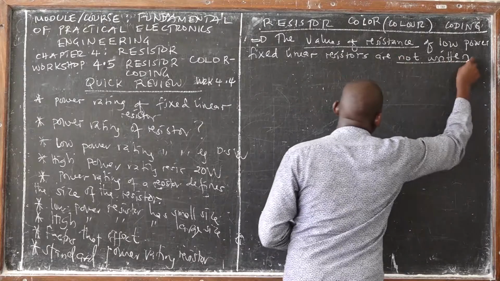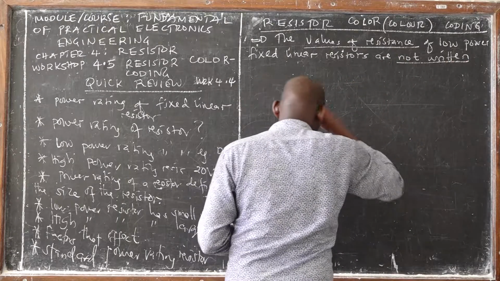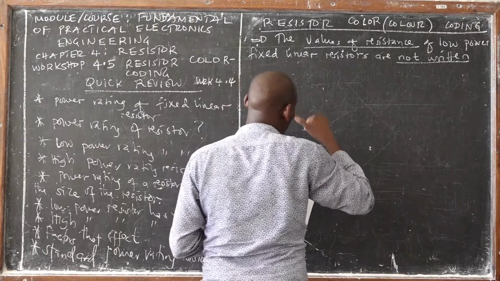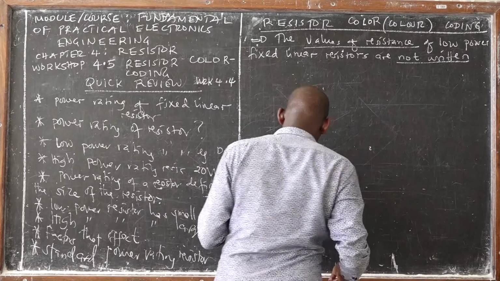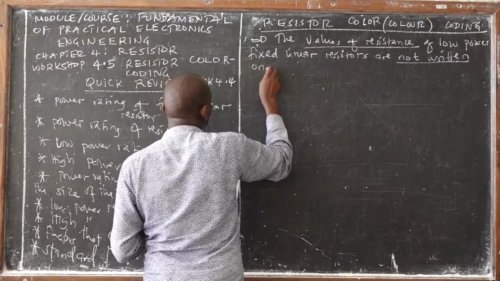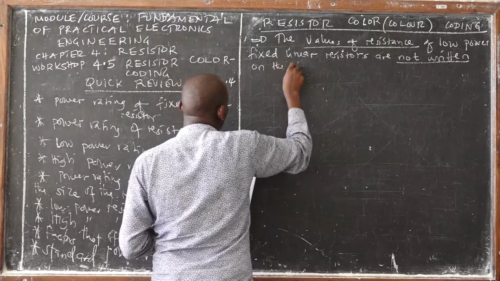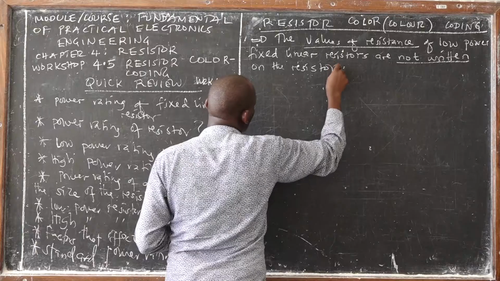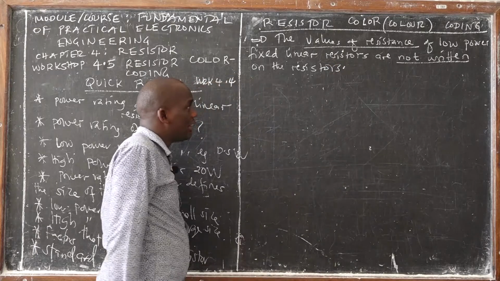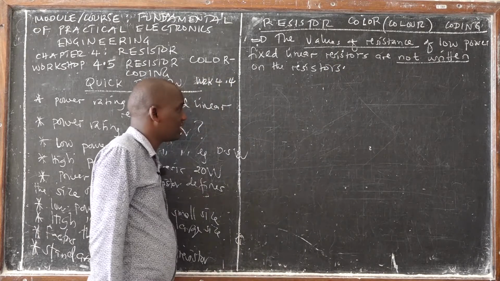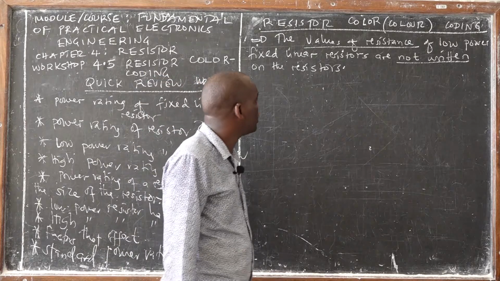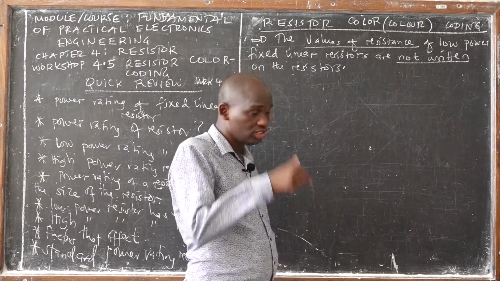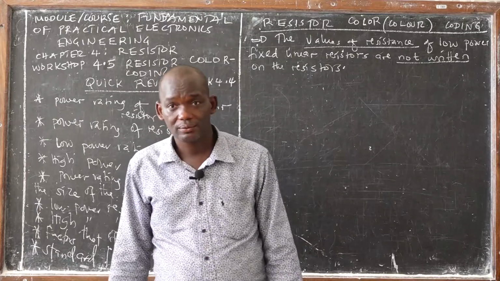So now we are discussing the challenge that we identified in the previous workshop. The values of resistance of low power fixed linear resistors are not written on the resistors. Is it true?